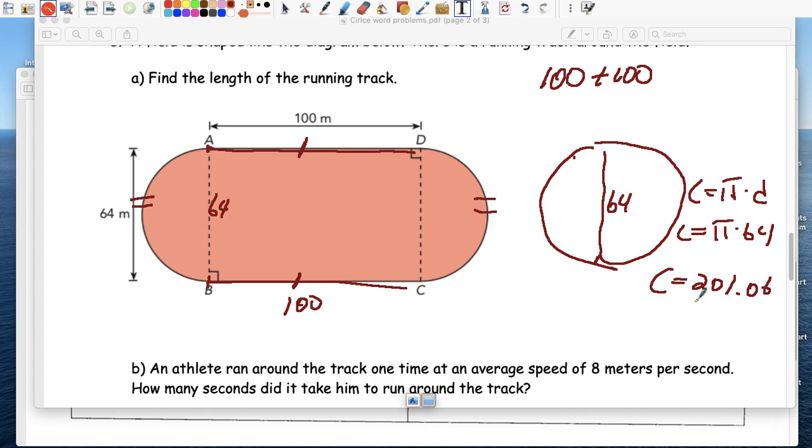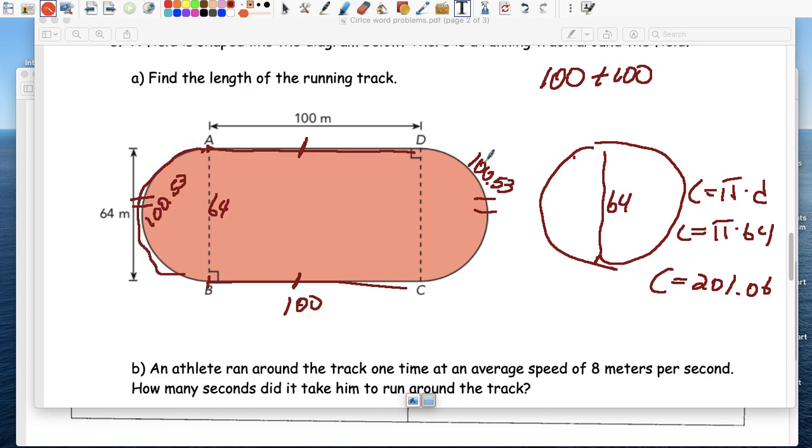So if you want to take this and divide it by 2, it means that this side over here is 100.53, rounded. And this guy over here, this side that you're running, is 100.53 meters, this semicircle.